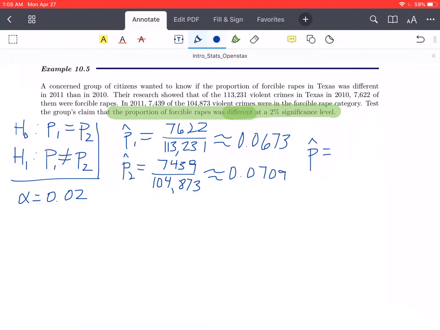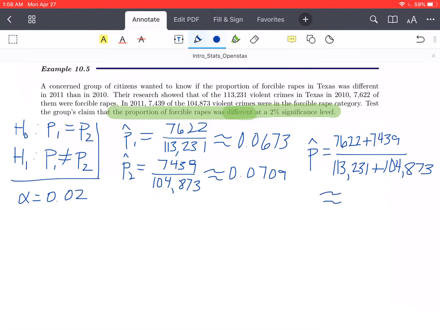And then our pooled estimate, so P hat, that's 7622 plus 7439 over these huge numbers, 113,231 plus 104,873.